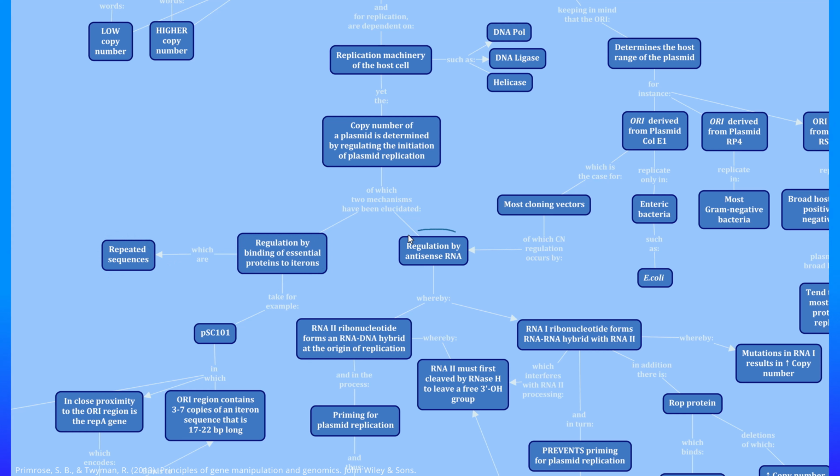Let me discuss regulation by antisense RNA. Now, regulation by antisense RNA is whereby you have RNA1 and RNA2. These are RNA molecules that act to control and regulate replication.